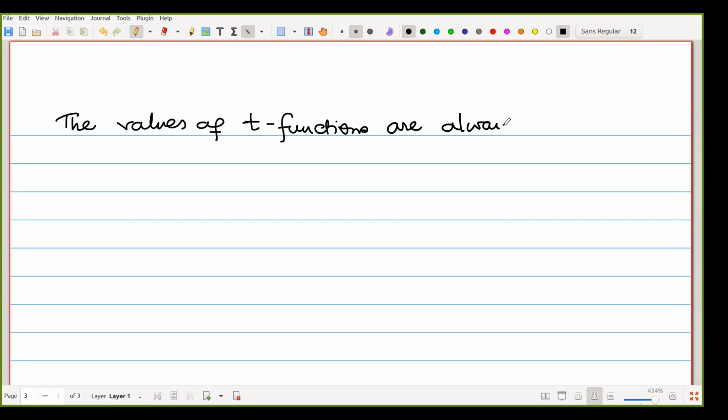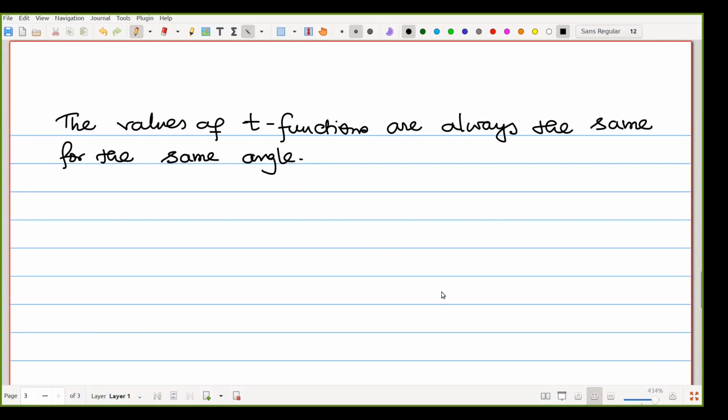Another thing is that the values of t functions are always the same for the same angle.